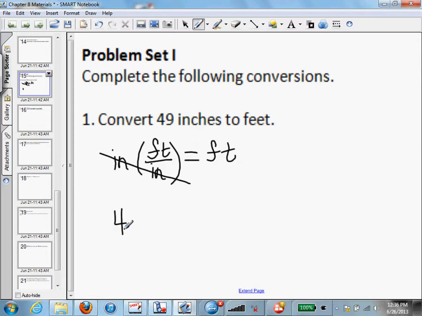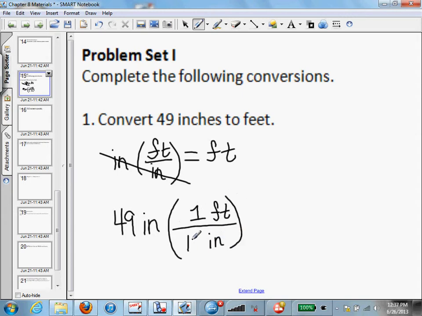So we're given 49 inches. Okay, so if we multiply this by our fraction, we just want to keep it times 1 feet. And how many feet are in an inch? Or how many inches are in a feet?